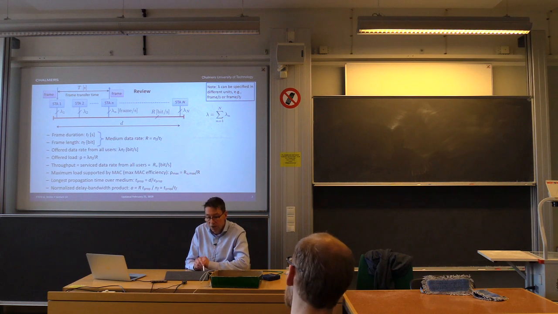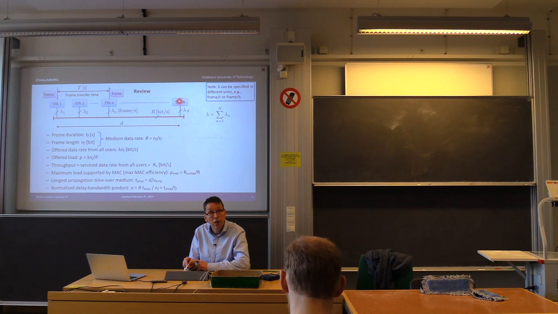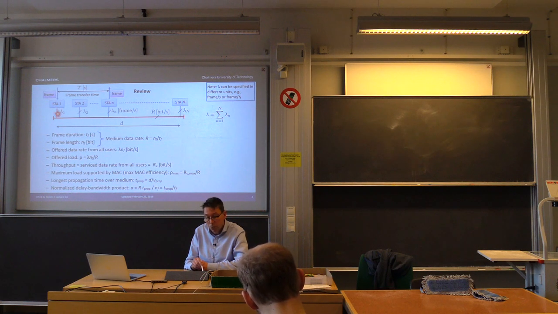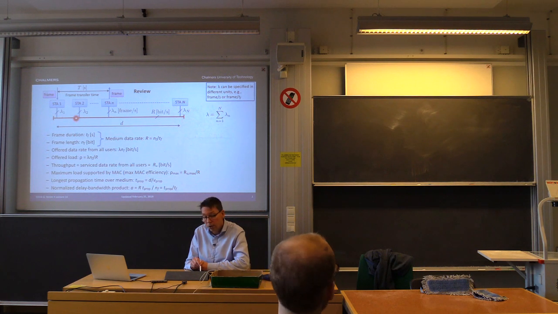The other aspect is that we would like to support as much traffic as possible which is generated from these nodes here. So in general, one can think of station number 1 as generating a number of frames per second, or frames per some other time unit. Lambda 1 is the intensity with which station number 1 generates traffic that is supposed to go over this shared medium.